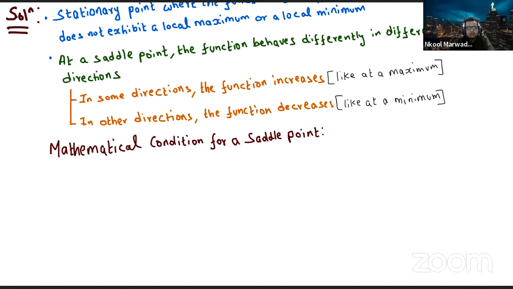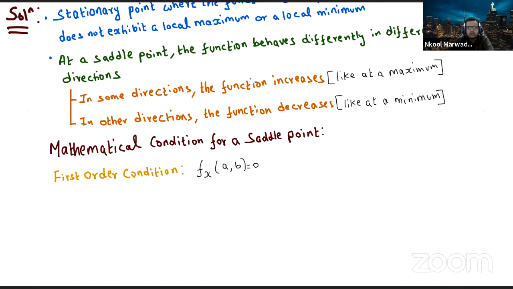So the same thing you have to do: the first order condition, second order condition. What's the first order condition? f of x at the stationary point a comma b should be equal to 0.